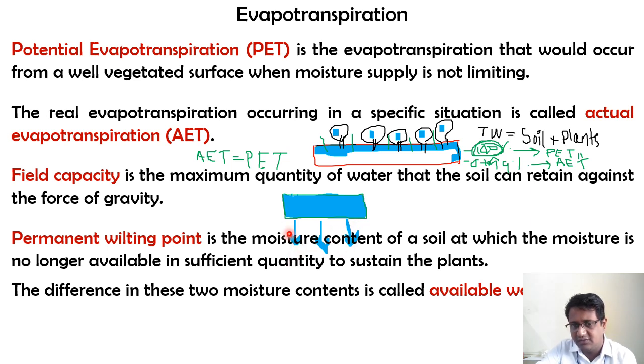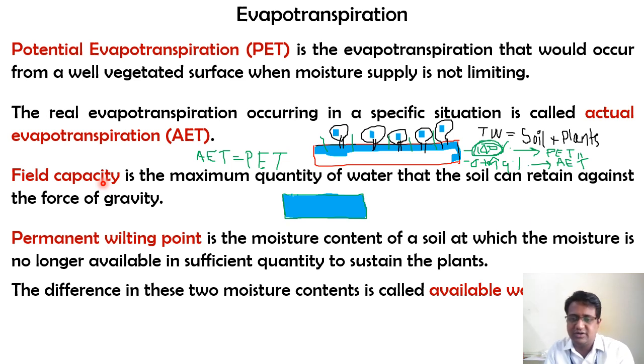After a few instances, even that infiltration will stop. At this point, whatever the moisture content of this soil mass is, you call it the field capacity of the soil. This field capacity will be different for different soils.